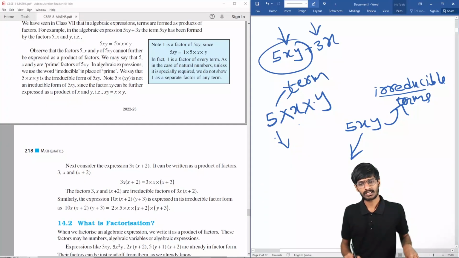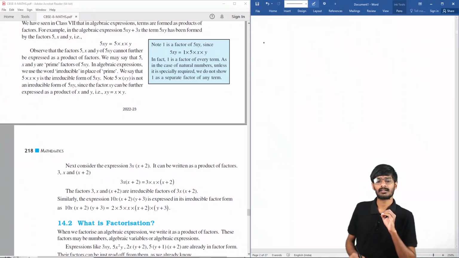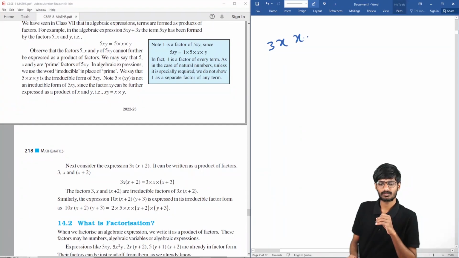Now if you consider 3x into x plus 2, how can we write it? It is a single term, there is a product, basically multiplication. So it can be written as a product of the factors, that is 3 into x into x plus 2.